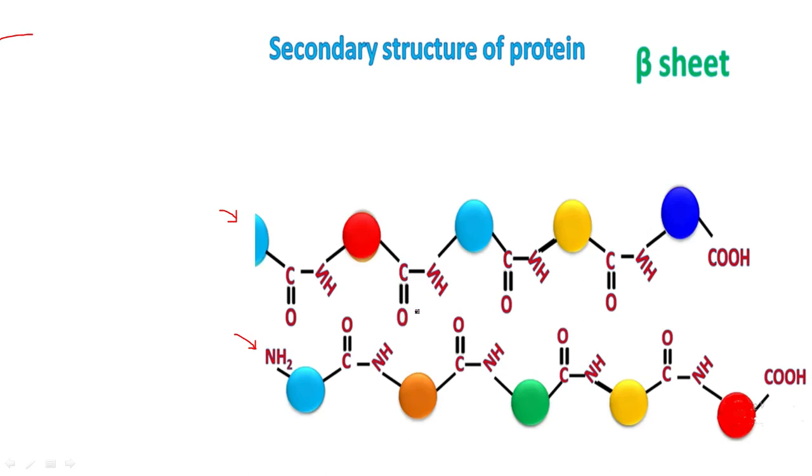This is the CO, this is the NH, so that is making a peptide linkage stabilized by hydrogen bonding. So this CO and this NH are stabilized by hydrogen bonding. And you can see at one end there is a nitrogen terminal and on the other end there is the carboxyl terminal.